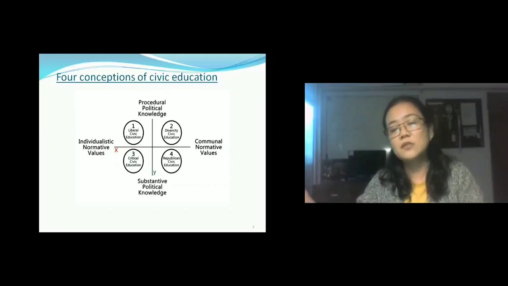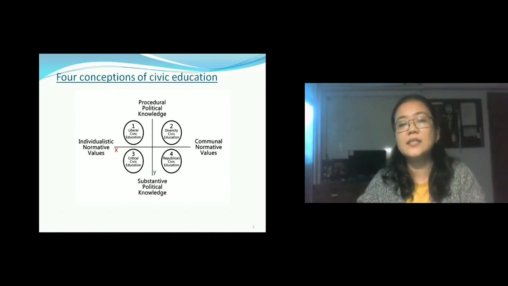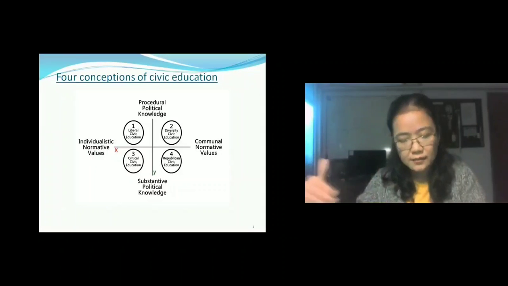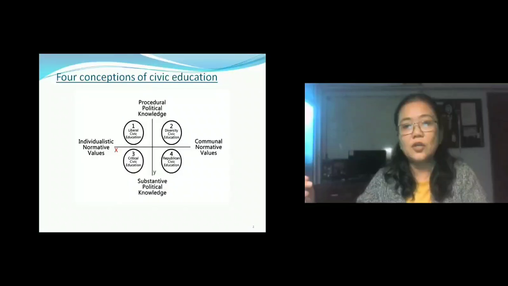On the other end of the X axis is communal normative values. In that process, the community is more important than the individual, and the individual's affiliation to the society is very much valued and important.